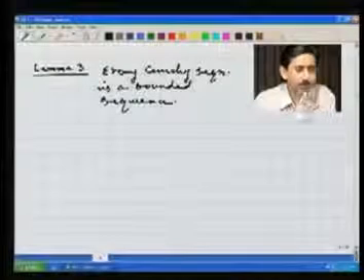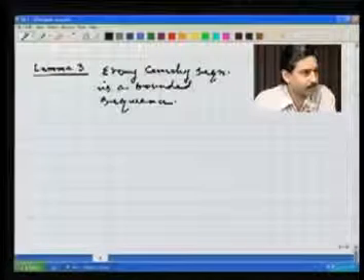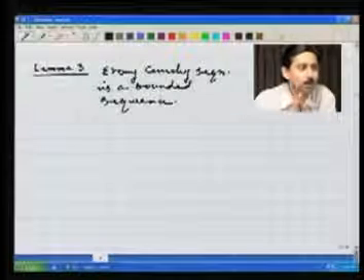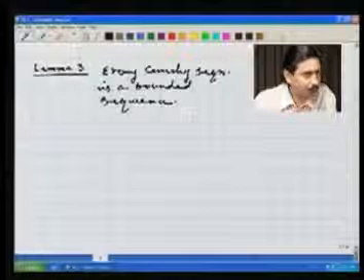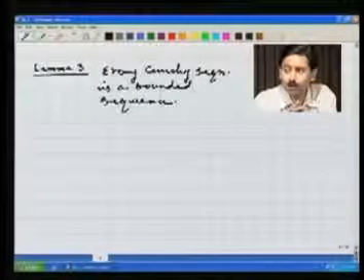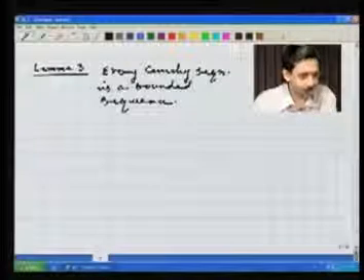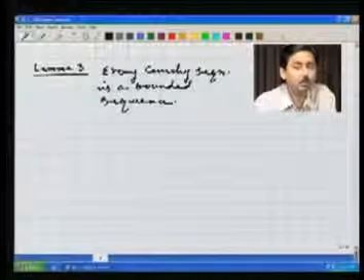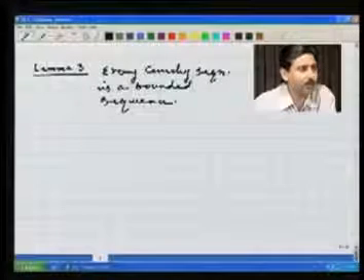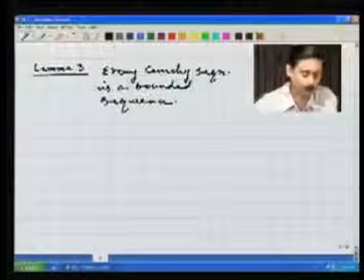We have noticed that if a sequence converges, then it has to be a bounded sequence, right? Unbounded sequences can't converge. And I am trying to prove that every Cauchy sequence converges. But if it has to converge, it has to be bounded. That's why I am trying to prove this first, that every Cauchy sequence is bounded. If it is not, then there is no chance of getting convergence, right? So let's try to prove this first.